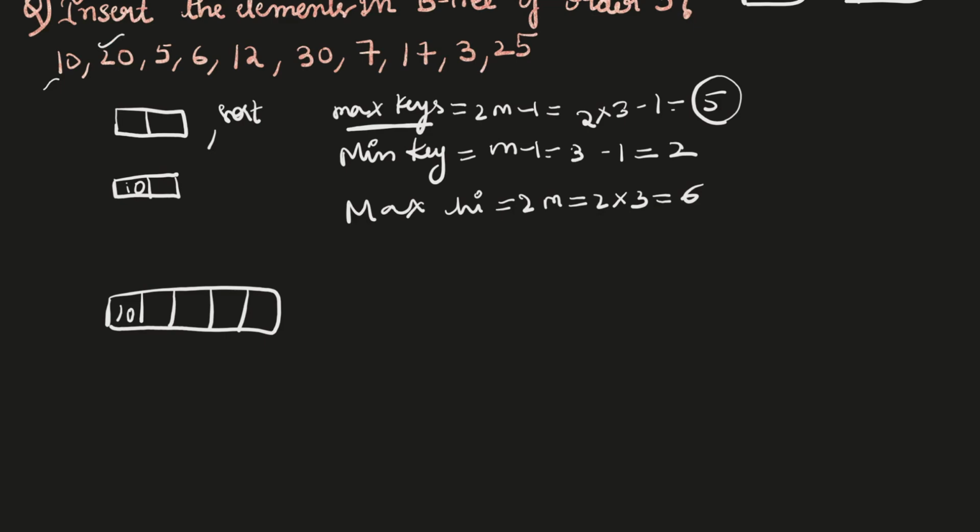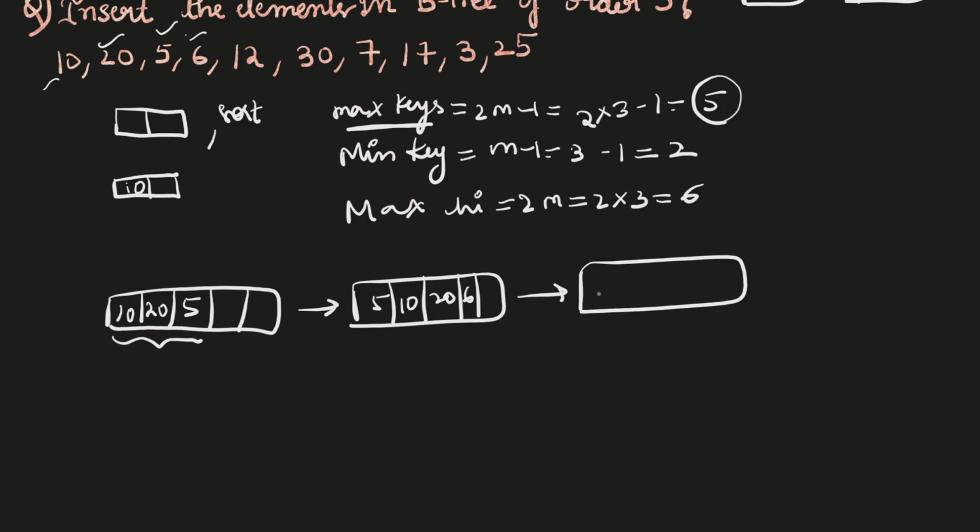Now next element to insert is 20. Next element to insert is 5. But now we need to sort this array. So now this would become 5, 10, 20. Okay. Now the next element to insert is 6. Now we need to again sort the array.